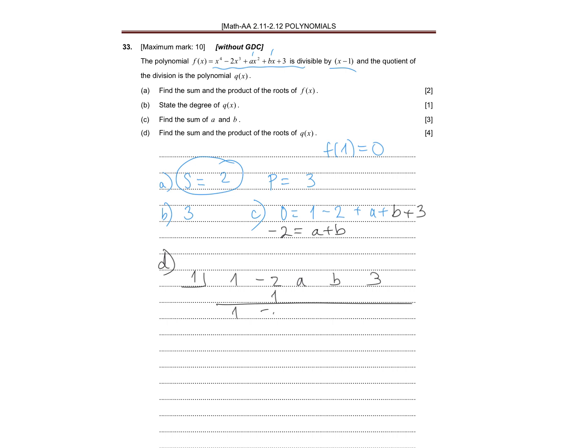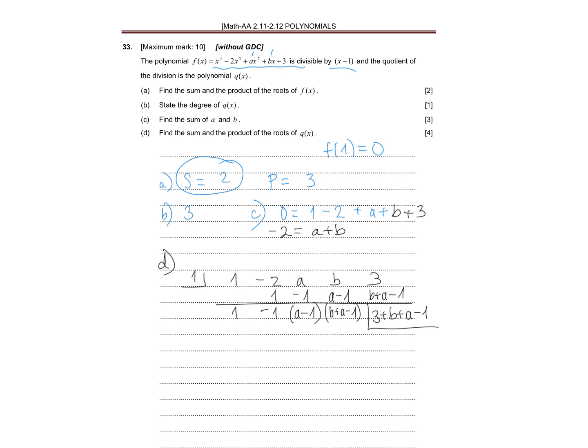1, 1, negative 1, negative 1, a minus 1, a minus 1. So this is going to be, because you're adding b plus a minus 1, and this is going to be 3 plus b plus a minus 1.